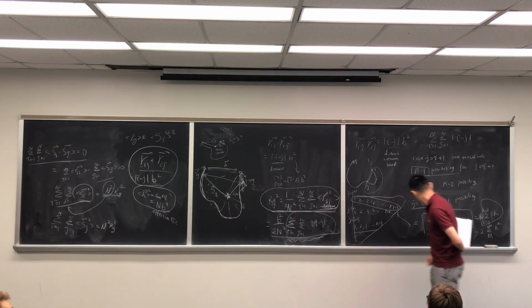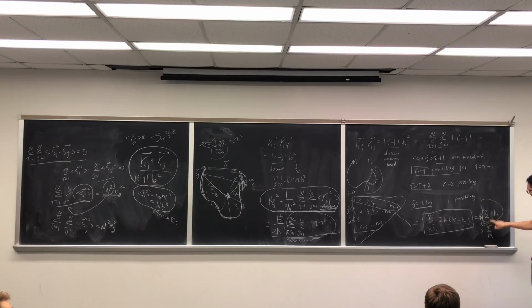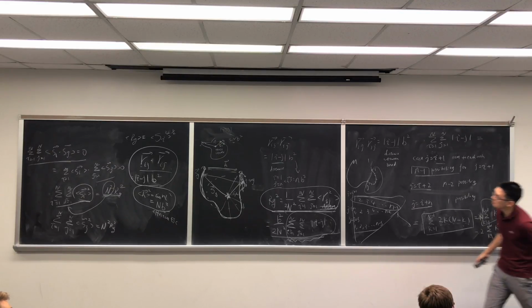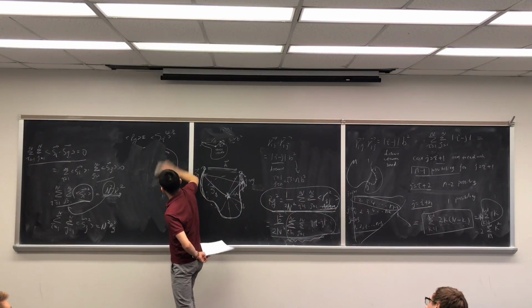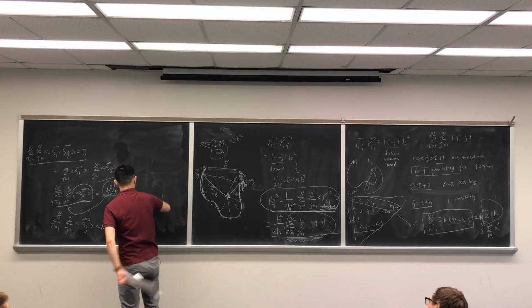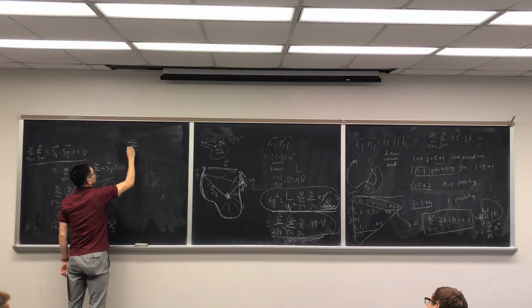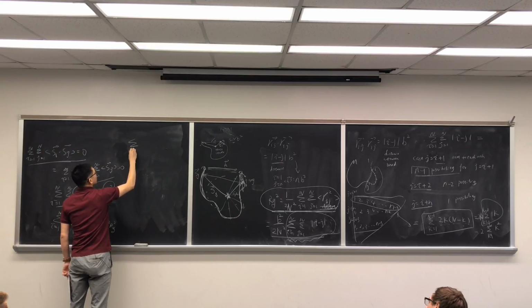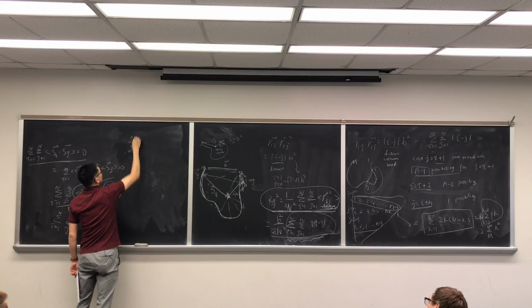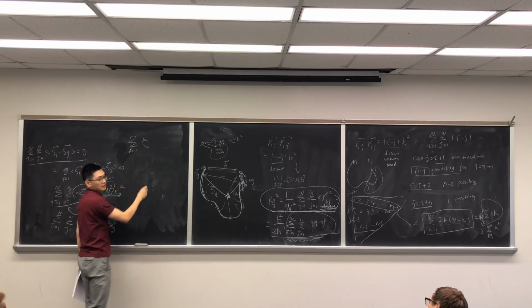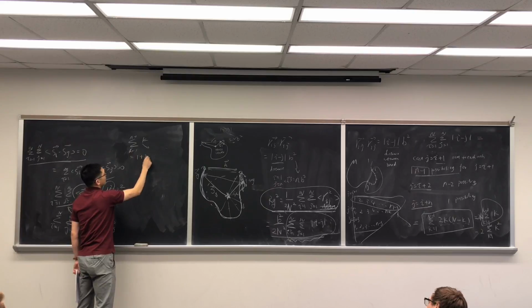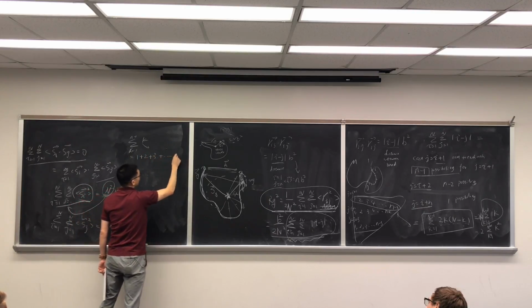This is the same. The sum of all the k from 1 to n minus 1 will be equal to, let me find some space here. K equals 1, so this basically means we need to add 1 plus 2 plus 3 plus all the way to n minus 1.